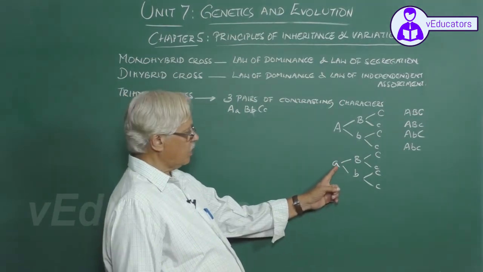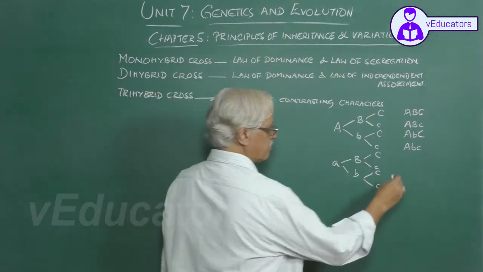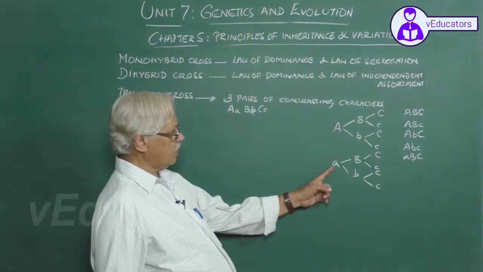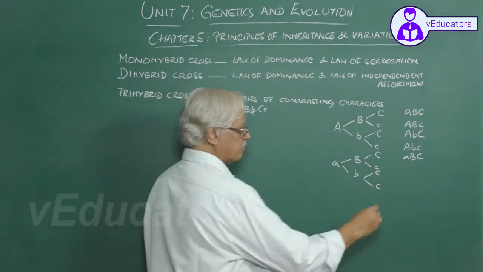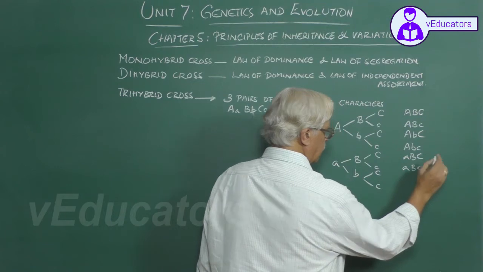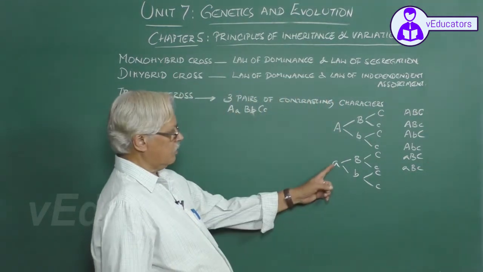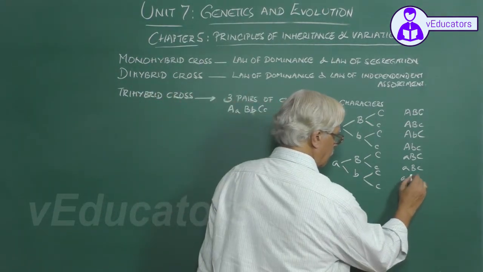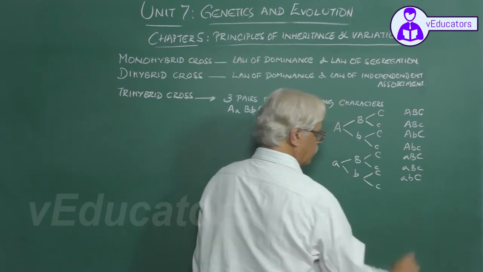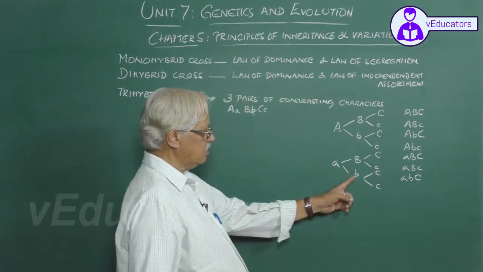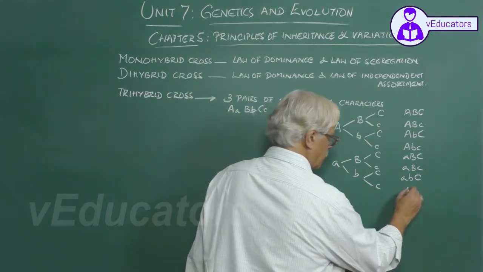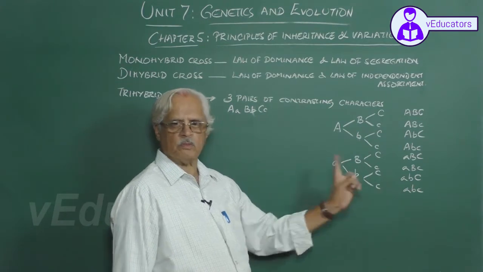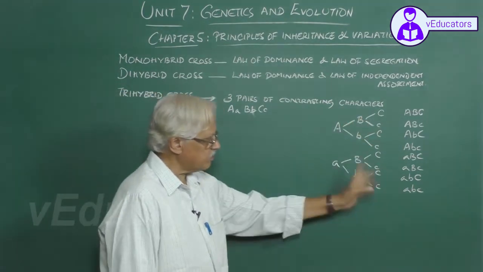Then small a, capital B, capital C; small a, capital B, small c; small a, small b, capital C; and small a, small b, small c. So 8 types of gametes are possible. These are the possible gametes.